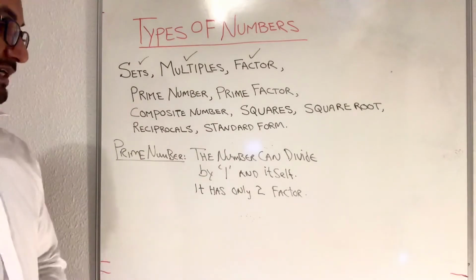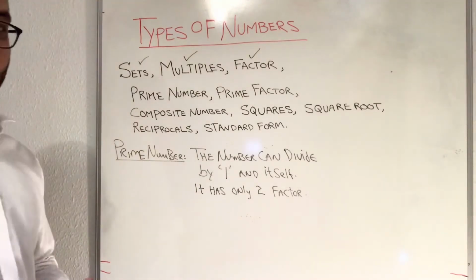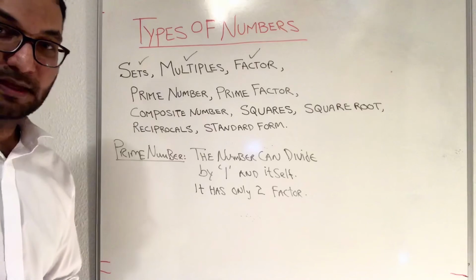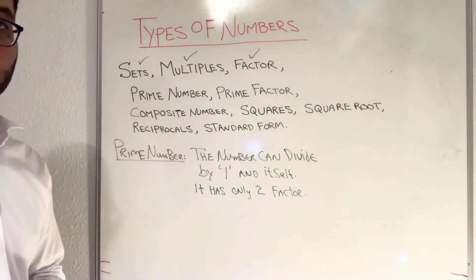If any number has more than 2 factors, then it is not a prime number. Then that number will be a composite number.